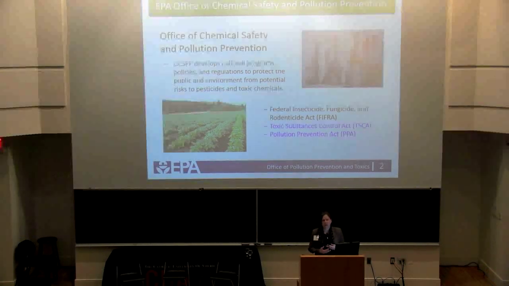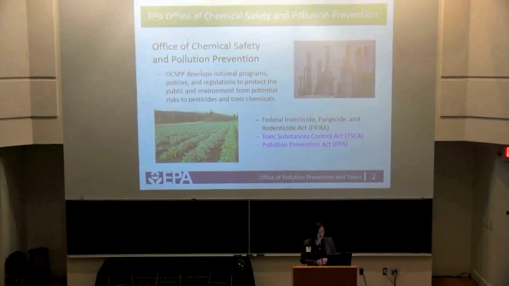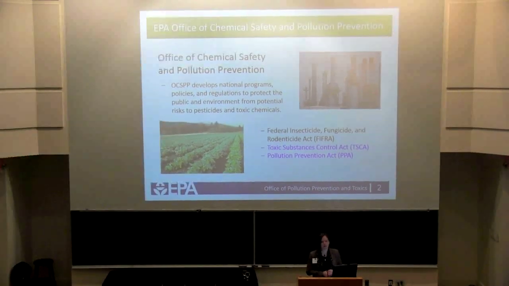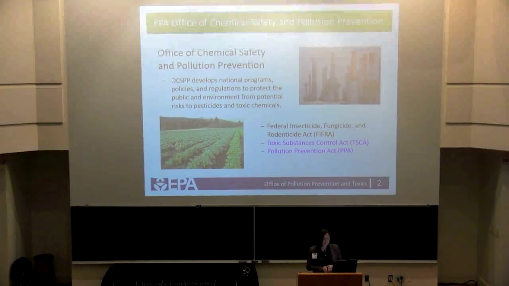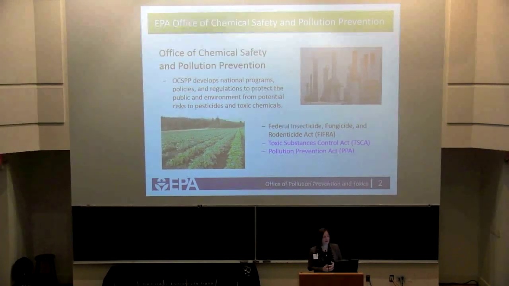There are three primary statutes that our office is responsible for overseeing, and they are the Federal Insecticide, Fungicide, and Rodenticide Act, the Toxic Substances Control Act, and the Pollution Prevention Act. So today I'm not going to talk about the pesticides work, but there obviously is key relevance to the topic today regarding the Toxic Substances Control Act and the Pollution Prevention Act.